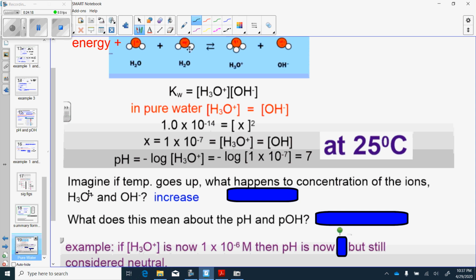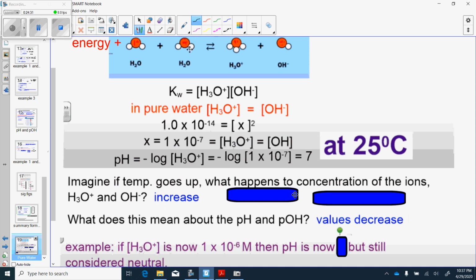If we were at 10 to the negative 7, and now it's 10 to the negative 6, we've got more H positive ions. What's that do to our pH and our pOH? It decreases them. They're kind of opposite. As the concentration of H3O+ goes up, the pH goes down.